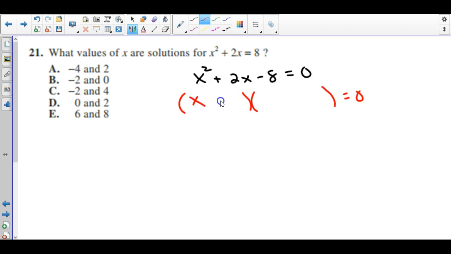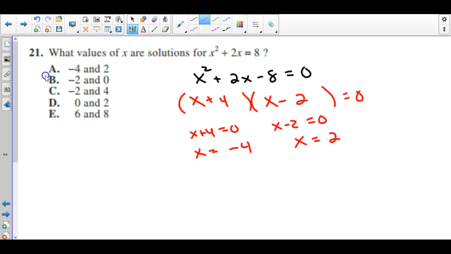And those 2 factors are going to be positive 4 and -2. So 4 times -2 is -8, and 4 plus -2 would give me this 2. So I'm going to set each one of these factors equal to 0, and then you solve. So x is equal to 2, and x is equal to -4, and that answer is A.